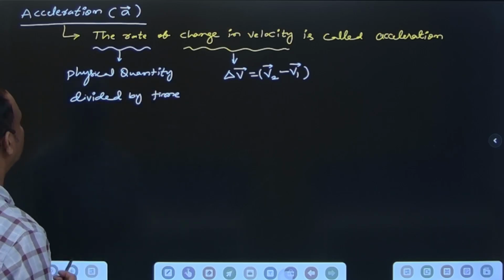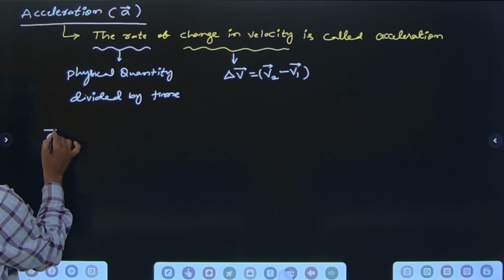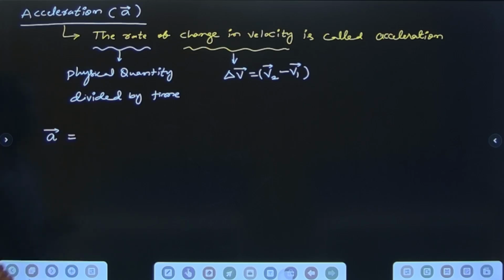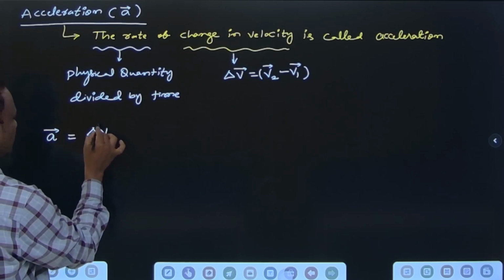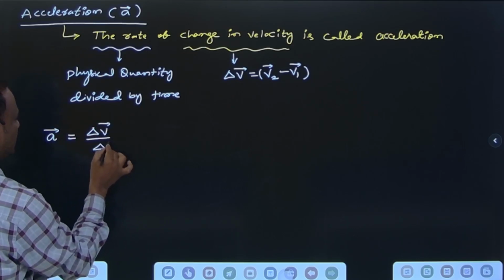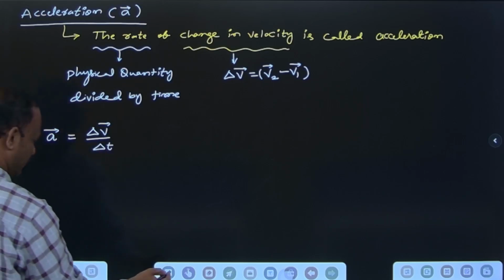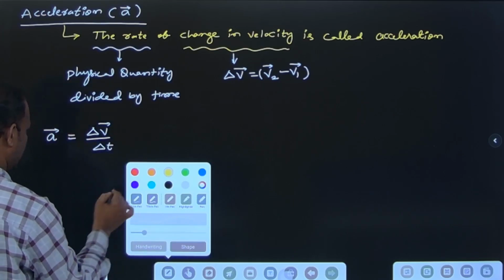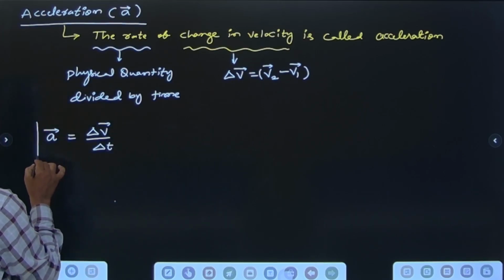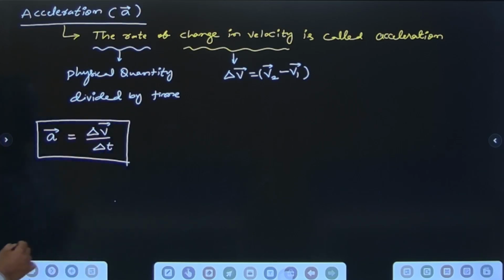So acceleration a bar is equal to delta v bar by delta t. This is the required formula for acceleration: a is equal to delta v bar by delta t.